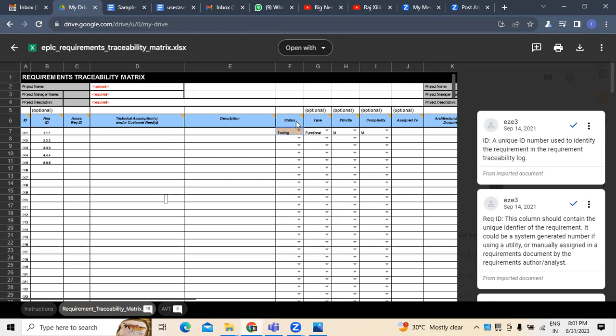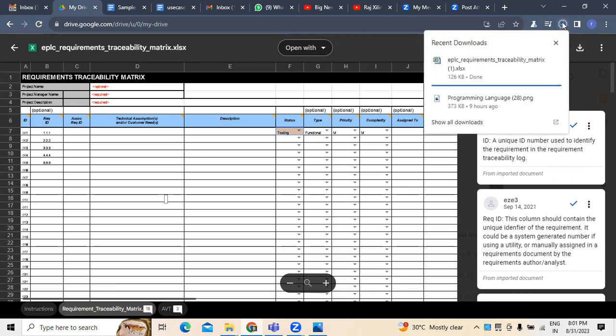This is where testing generally comes into the picture. One minute, let me download it and open it here.